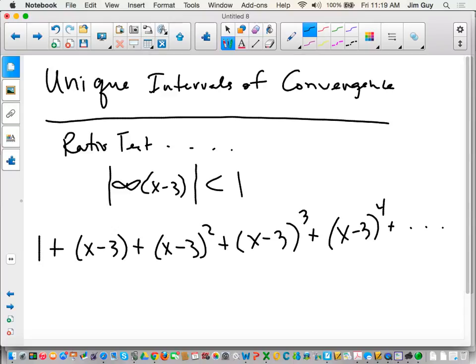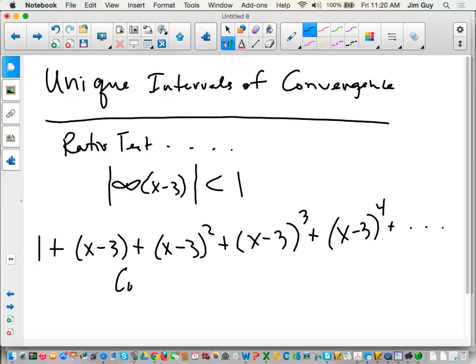I want to know what values I can plug into that and get an answer. There's always one value. It's always the centered value. So in this case, if you put 3 into there, those would all be 0, and you would have whatever that leading term is that doesn't have an x in it. And if there wasn't one there, the answer would be 0.